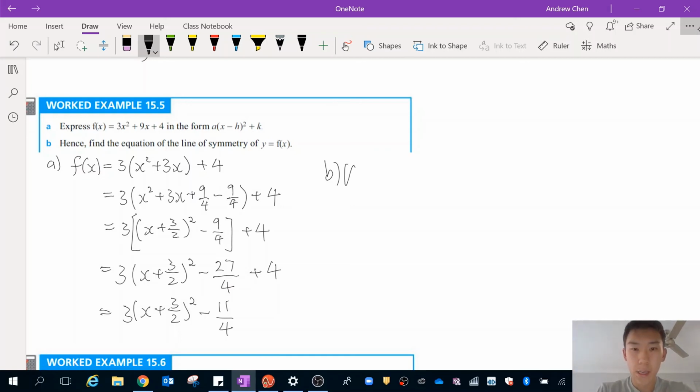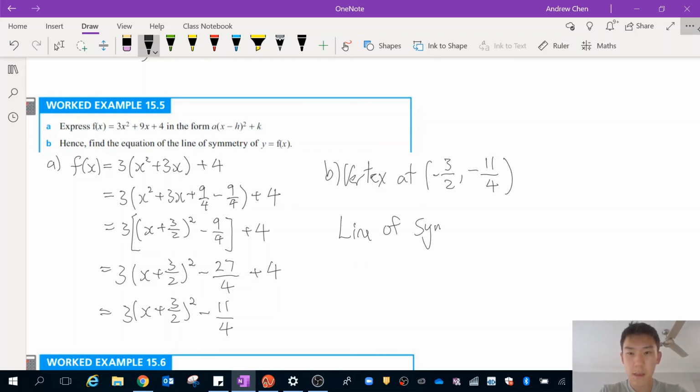So let's just identify the vertex at negative 3 on 2, because there's plus, that means our x coordinate is negative, and negative 11 on 4, that doesn't change. So line of symmetry is x equals negative 3 on 2.